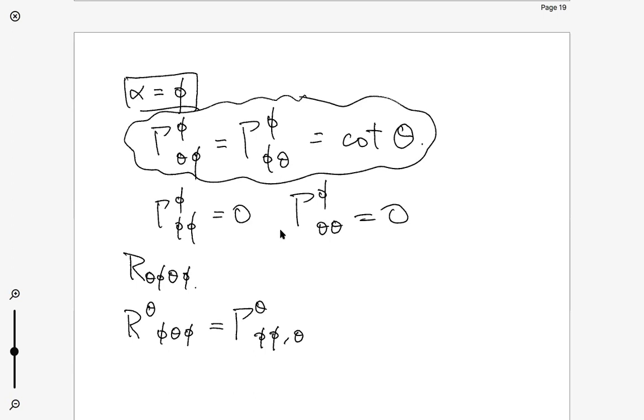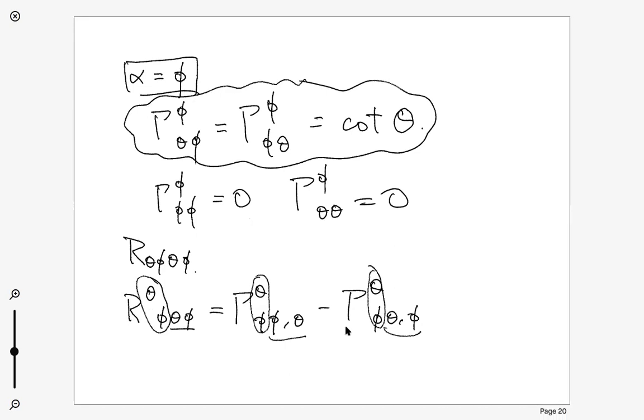Let me try to write this down making use of my trick. So theta phi here, and then what's left is theta phi. So we reverse the order first, phi theta here, and then theta phi here. This is how I remember the first two terms.